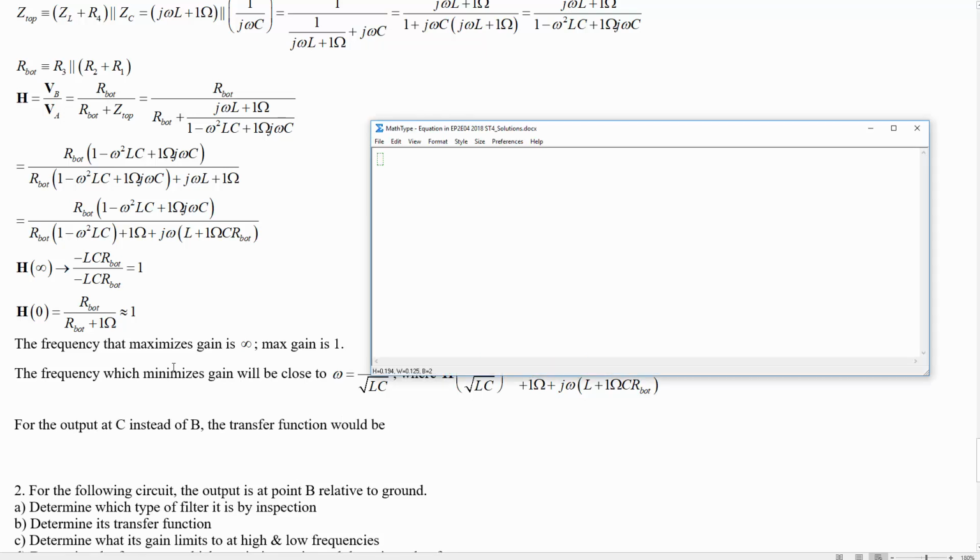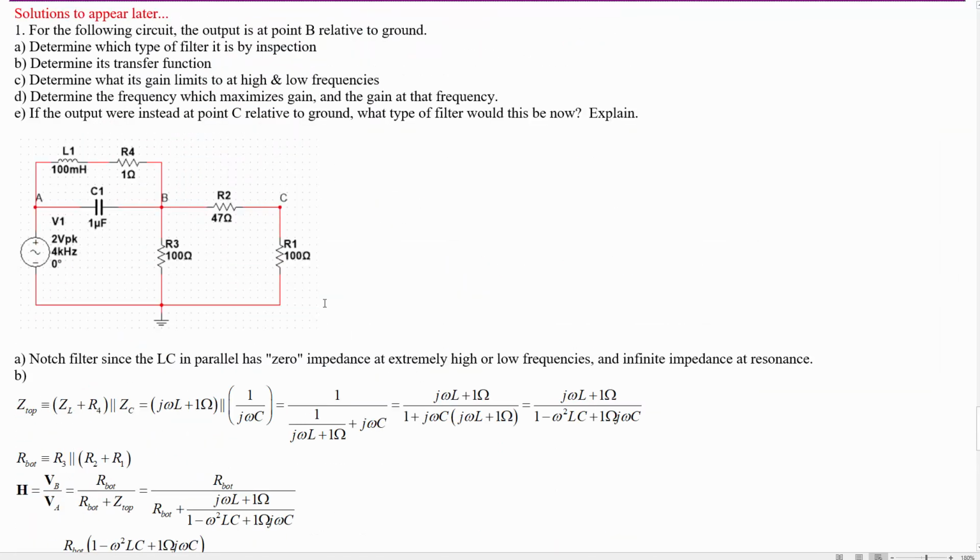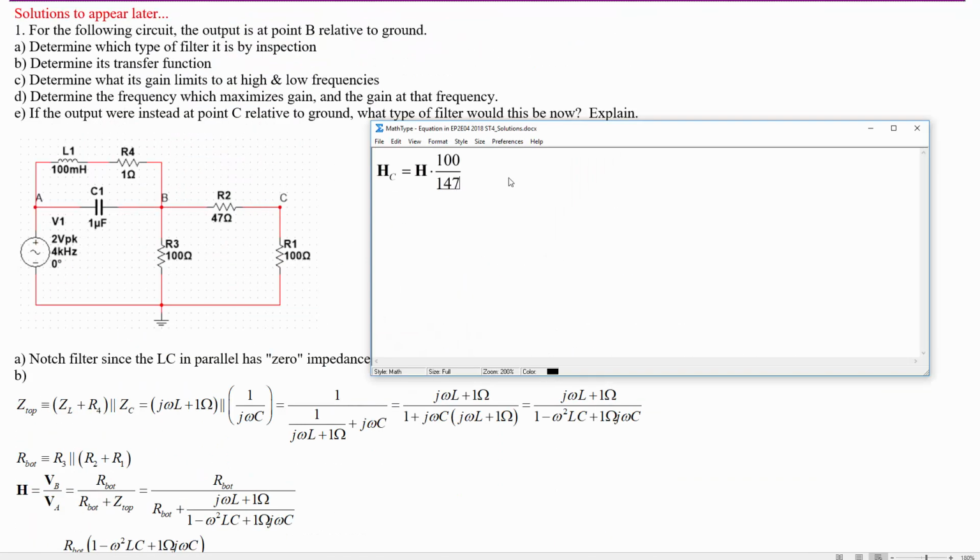The transfer function would be HC equals the original H multiplied by 100 over 147, I think. Yeah, 100 over 147. So maybe I'll clarify that this is from a voltage divider, R1 over R1 plus R2.